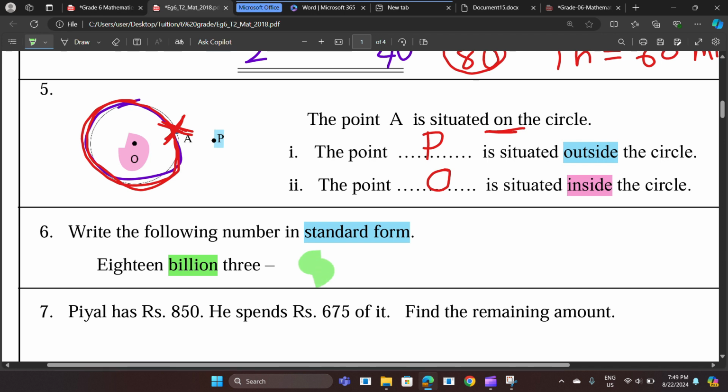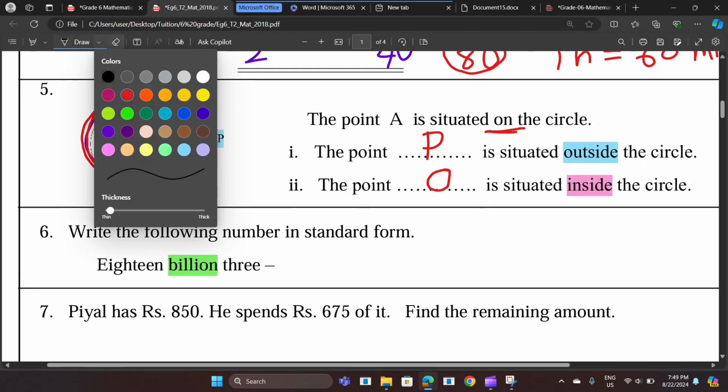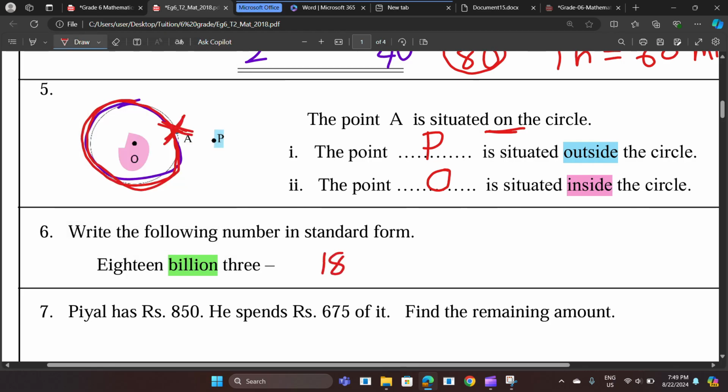18 billion, 18 billion. Okay, we have to divide 8 billion. There are no millions, so we put 3 zeros.